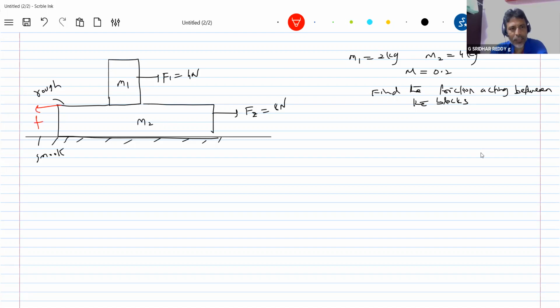So let this friction act here. I'll solve the problem. If I get negative, then I change direction. If I get positive, yes. Also one more assumption, that no slipping occurs.